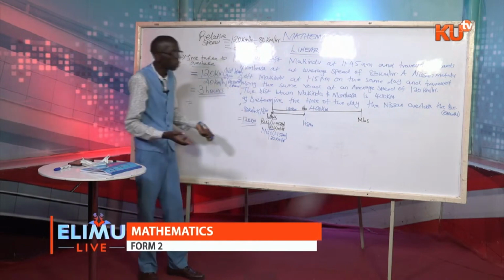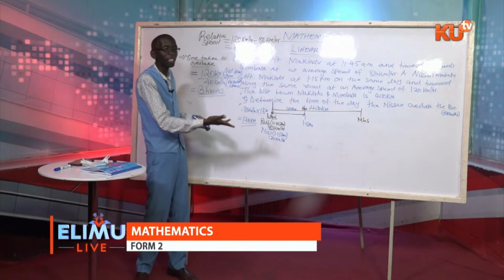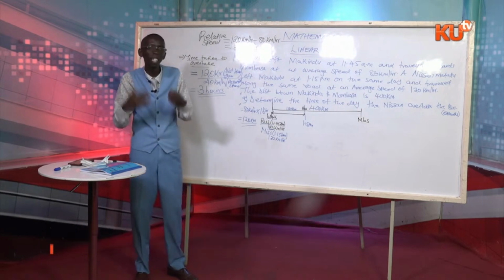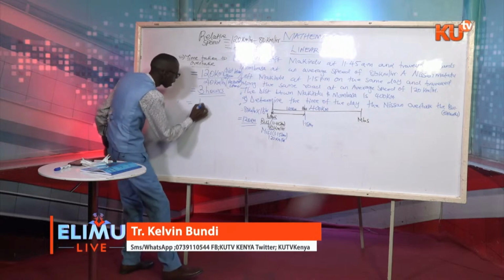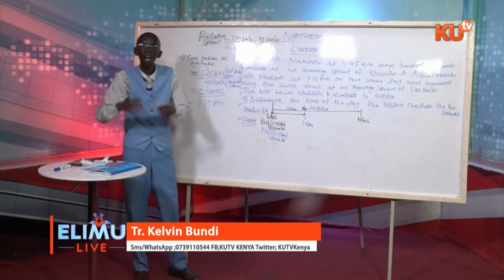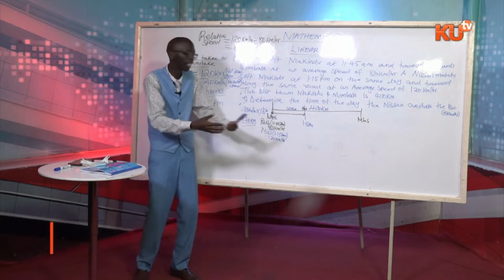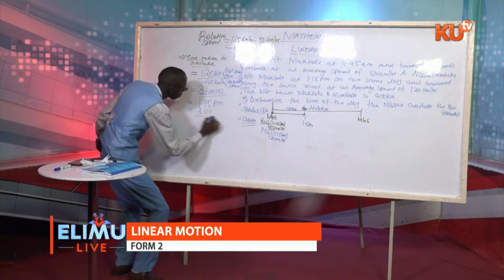So the question is, who is overtaking who? It is the Nissan who is overtaking the bus. So at what time did the Nissan begin the journey? The Nissan began the journey at 1:15 p.m. How many hours did it take to overtake the bus? It took 3 hours to overtake the bus.